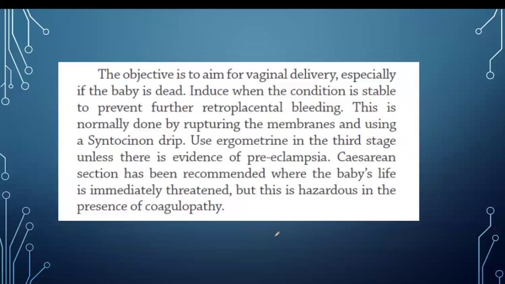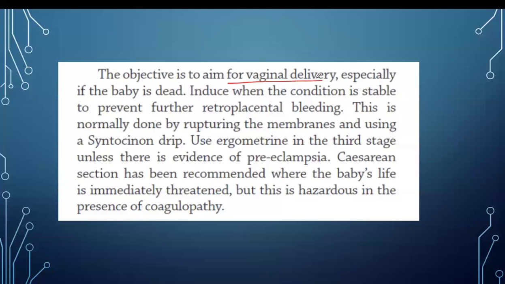And after that, the further management will depend on several factors. One, let's say the bleeding is really heavy and fetal death has happened. If the baby is dead, the only way to confirm it is by doing an ultrasound. So when you do the ultrasound, you will be able to find out. If the baby is dead, then ideally aim for vaginal delivery.